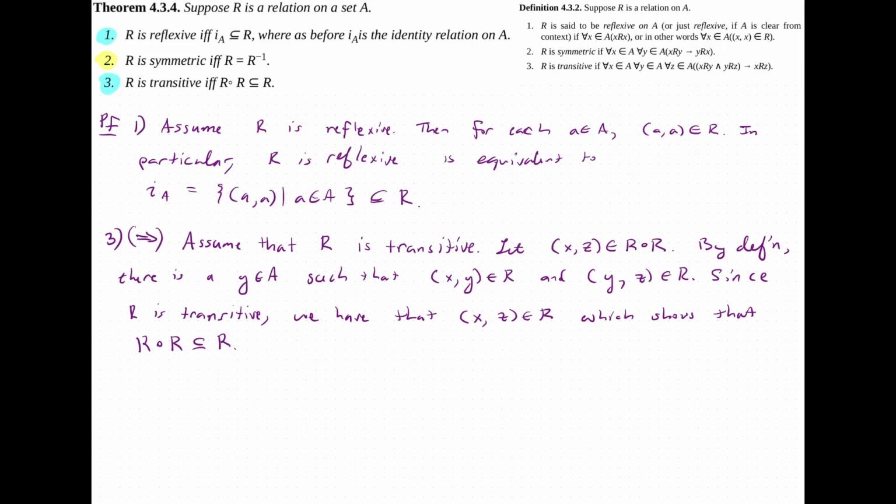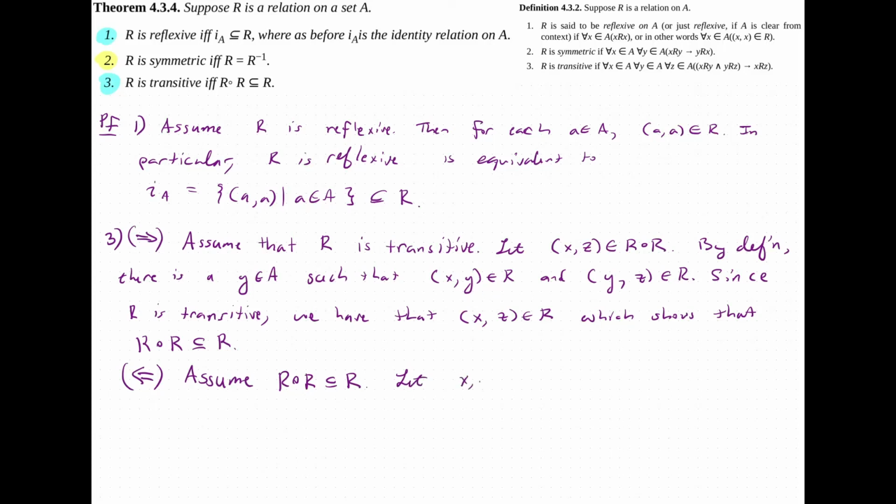Let's do the converse. So for the converse, we are going to assume that R compose R is a subset of R. And so let us go ahead and choose some arbitrary x, y, and z.